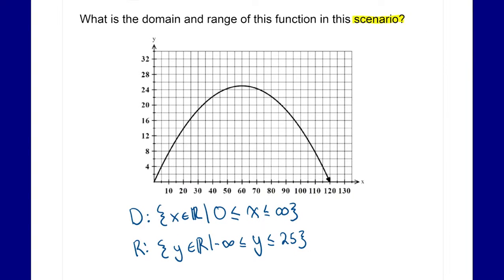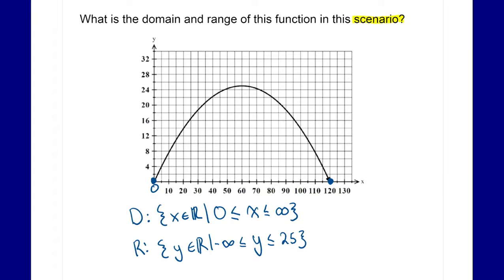Because we're talking about this scenario, there are some restrictions that come into play. One of them focuses on the domain, left and right. We can't actually go anywhere beyond here and here. Why can't we go beyond 0 and 120?